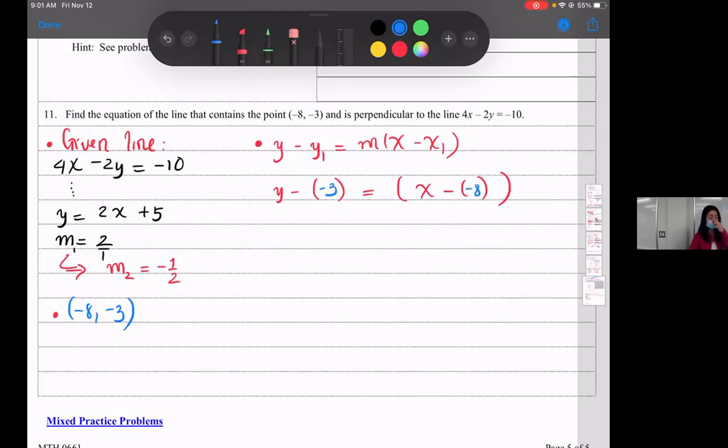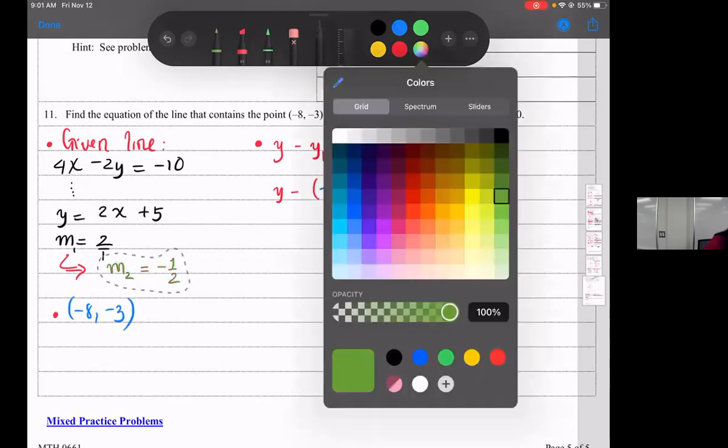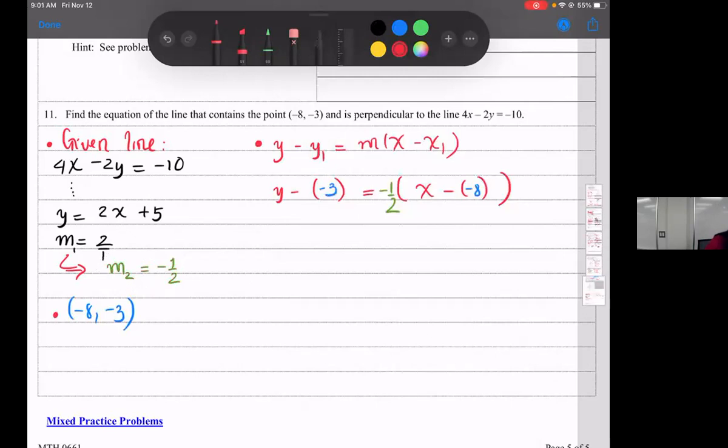Let's go from left to right, you do y first. And then the slope is -1/2. So simplify this. I have y plus 3 equals -1/2 times x plus 8. Y plus 3 equals, distribute, -1/2 x minus 4. Subtract 3.